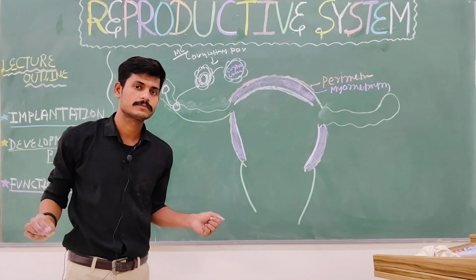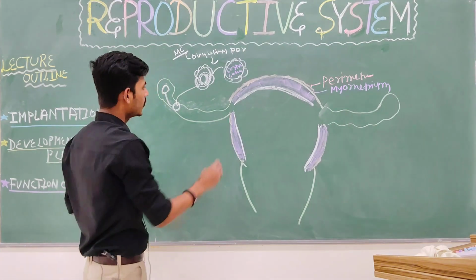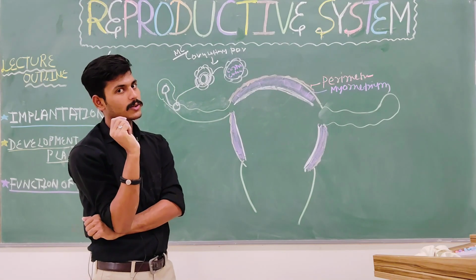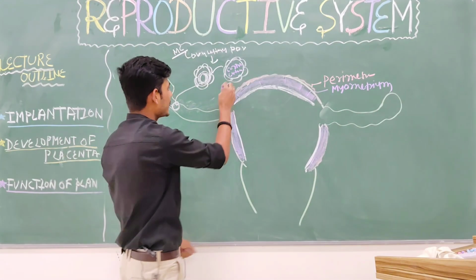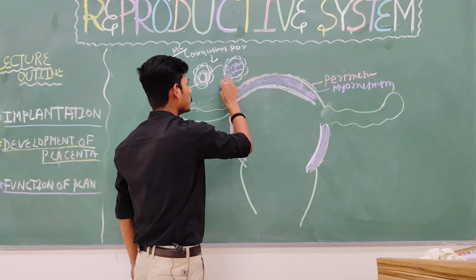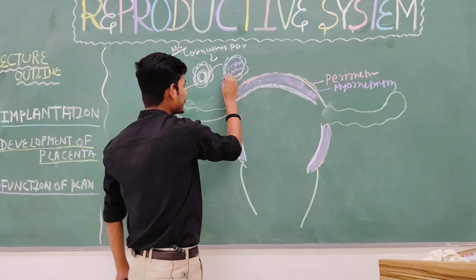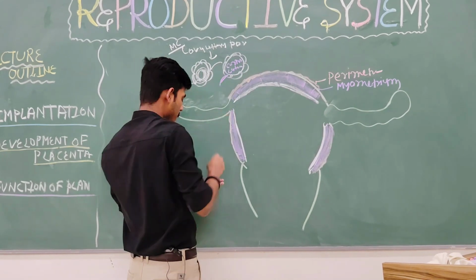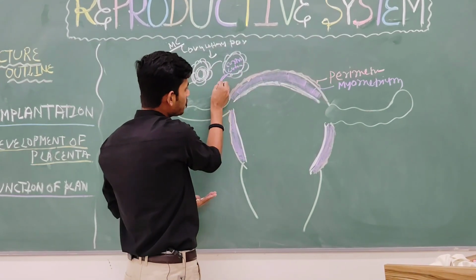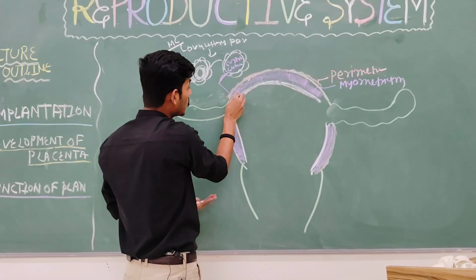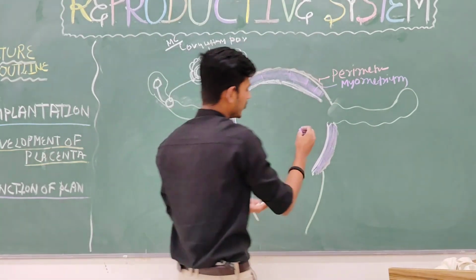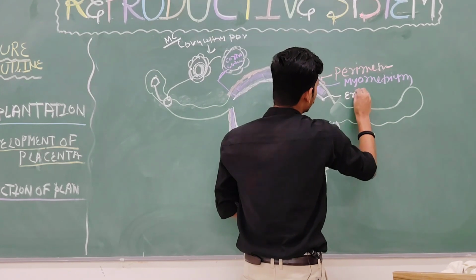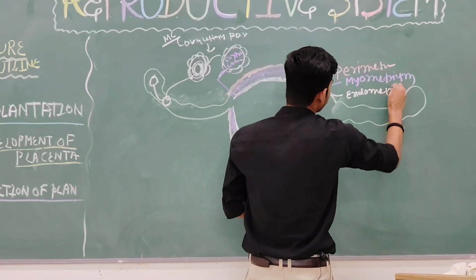Very good. We've seen many functions of the corpus luteum, but one function is the secretion of certain hormones, and these hormones will work on the endometrium. This white layer is called the endometrium.